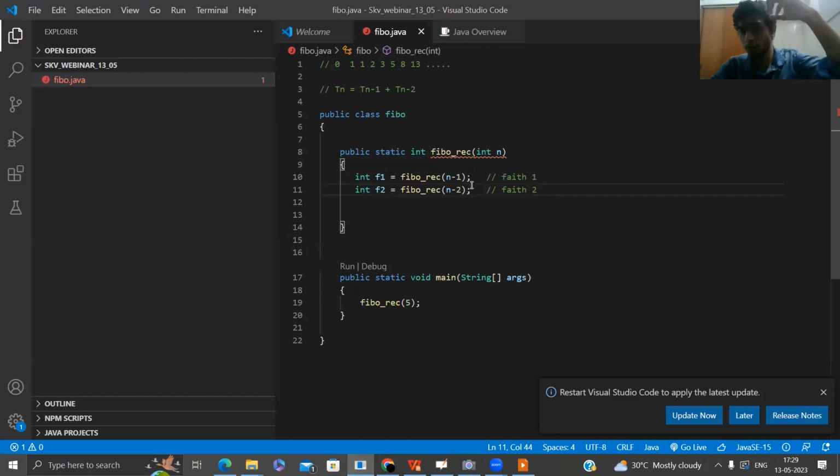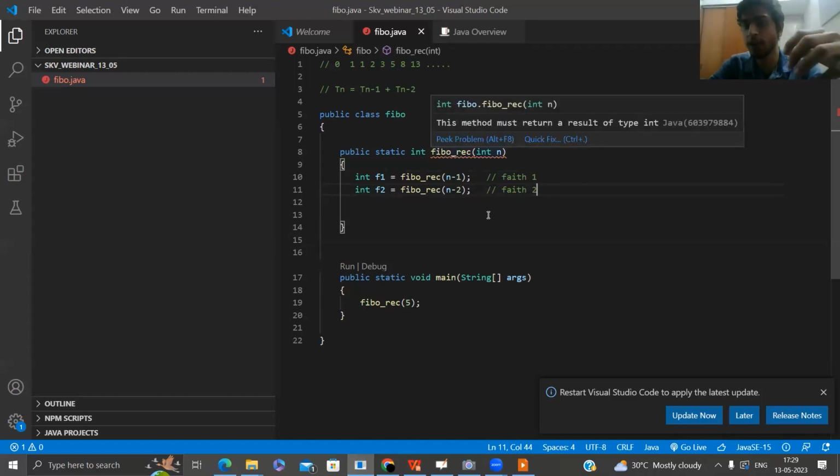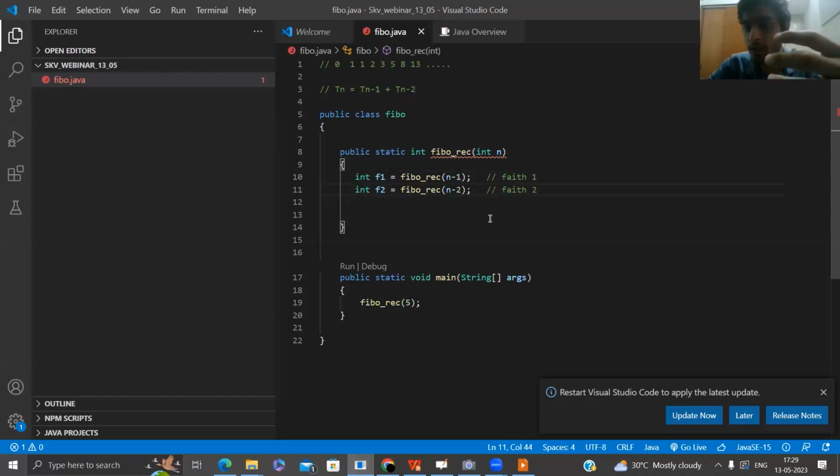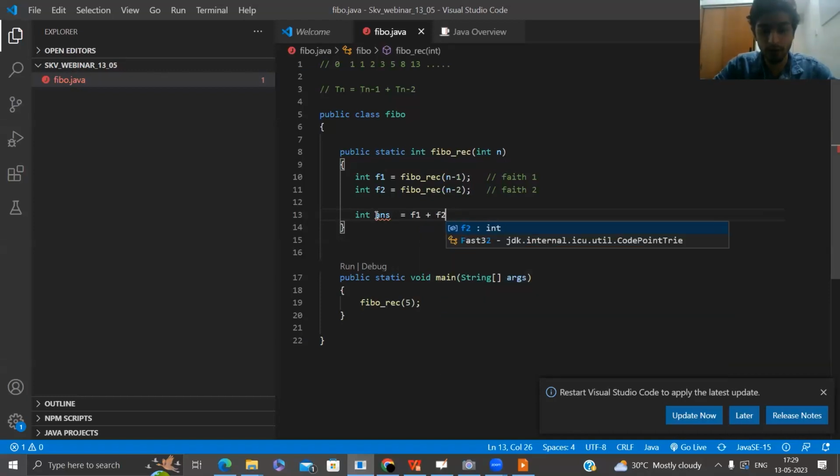But if you look at the problem from the high level, your problem was to solve for Fibonacci of n, right? Which still remains unsolved. So your faith is at one side and your expectation is at one side. How essentially are you going to be bridging that gap between your faith and expectation? Your nth Fibonacci is essentially equal to n-1th Fibonacci and n-2th Fibonacci. So your answer, here answer is your nth Fibonacci, is equal to factor 1 plus factor 2.